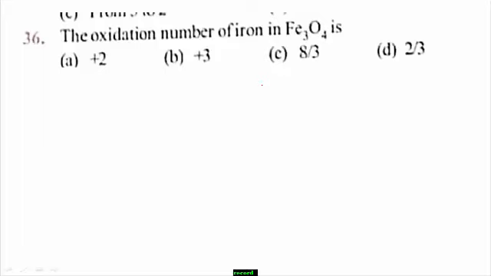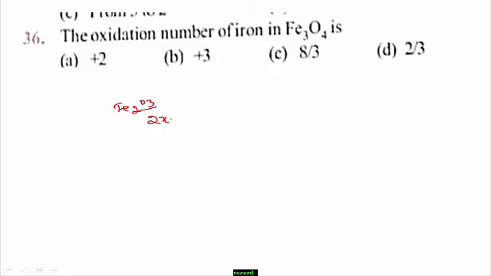Students, Fe3O4 is basically a mixture of Fe2O3 and FeO. Right? In Fe2O3, the two Fe atoms have +3 oxidation state. First I calculate Fe2O3. Right?